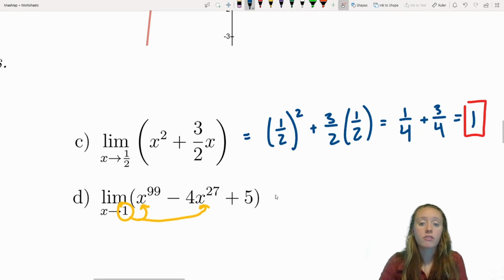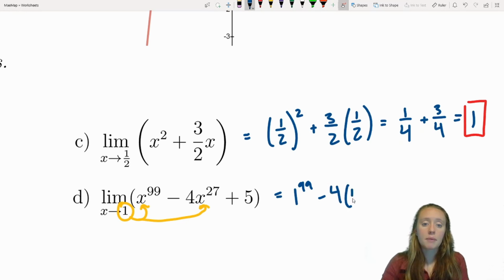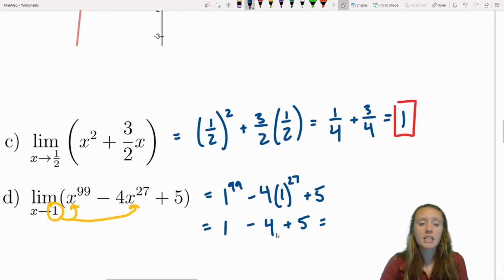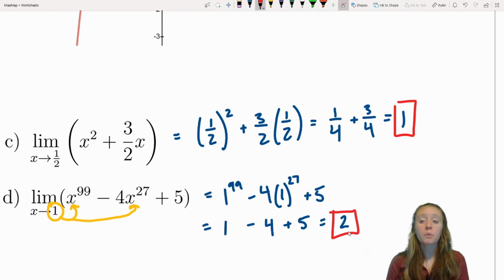So I'm going to have 1 to the 99th minus 4 times 1 to the 27th, and then I'm adding 5 to that. 1 to the 99th is 1, minus 4 times 1 to the 27th is 4 times 1, which is 4, plus my 5. 1 minus 4 gives me a -3, plus 5 will give me a +2. So that's how we work with limits of polynomial functions.